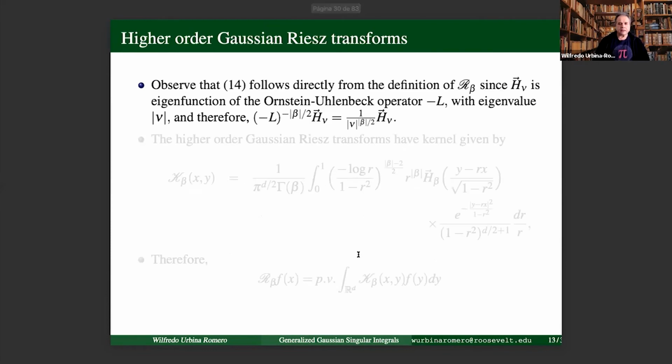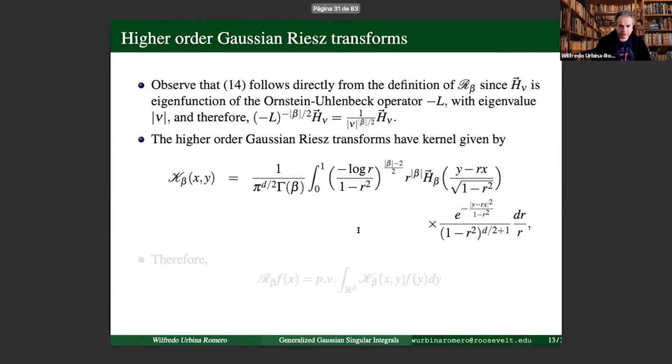Okay, then, thanks to the representation of the Riesz potential, you can get this kernel for beta. When beta is equal to 1, you are back to the Riesz transform.